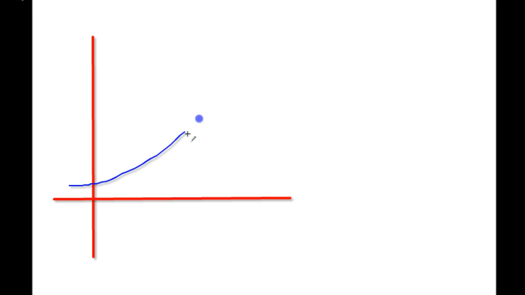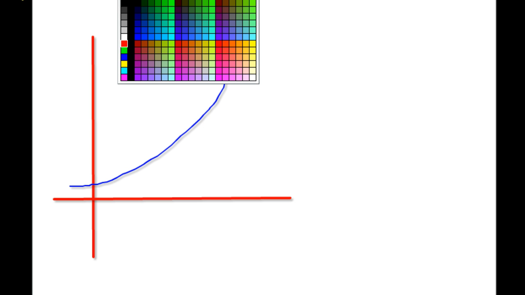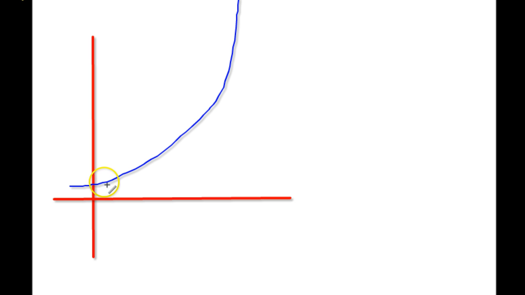The mean value theorem is this, and I like to use the best one, maybe an exponential, something like that. Let's say we pick a couple of points. Let's say we pick (A, f of A).